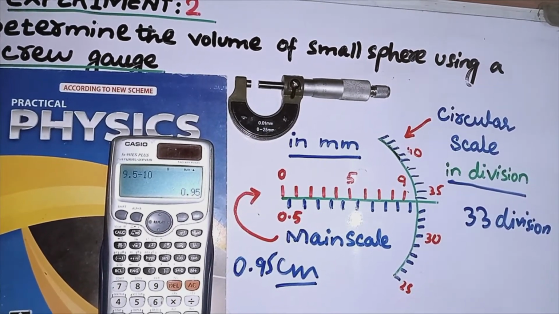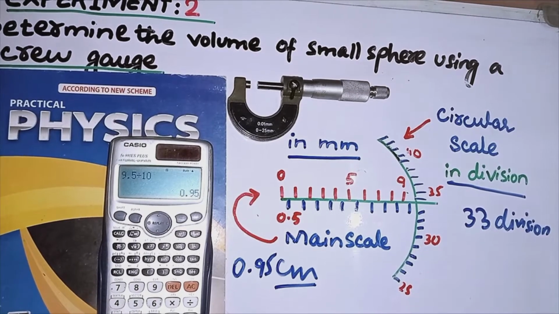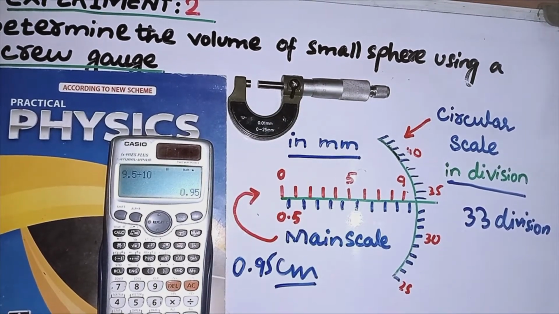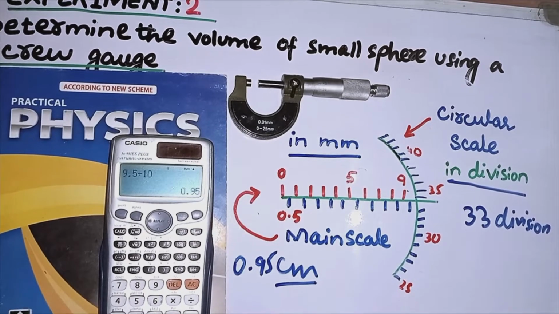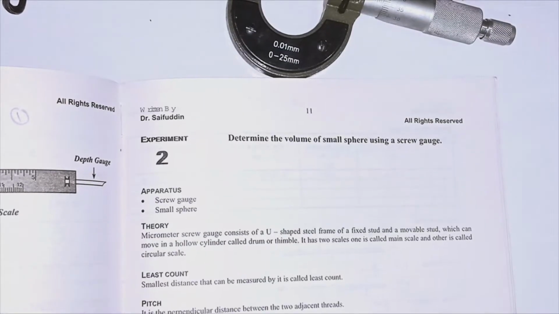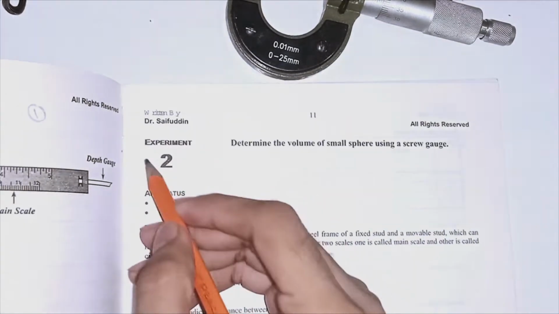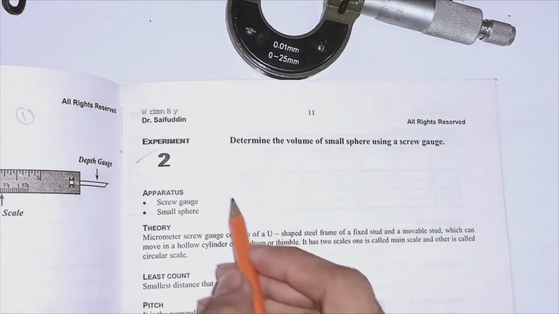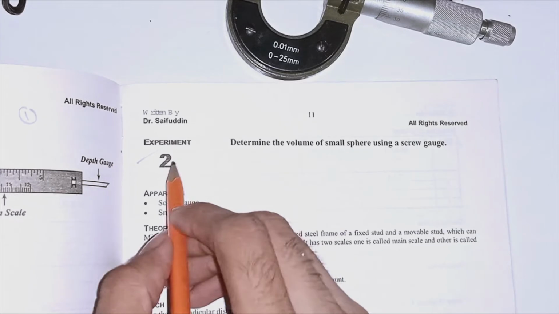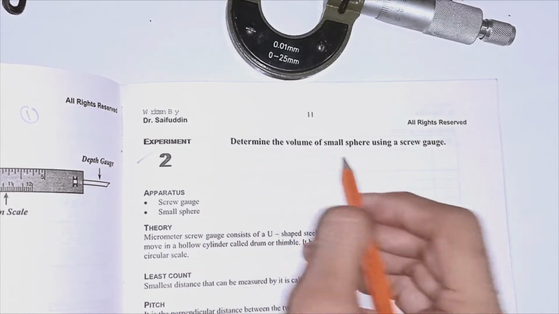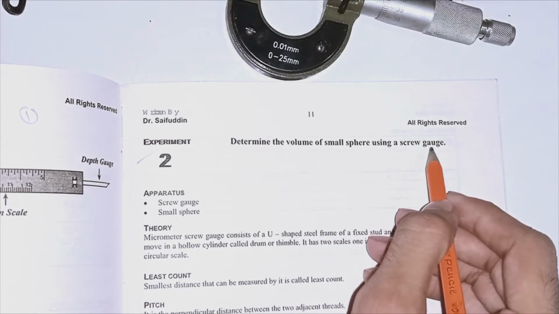So let's start with the apparatus reading. Here we are going to take our reading. Before taking our experimental reading, we need to understand what we have to write in our practical journal. So look here, we have to note experiment number 2, that is, determine the volume of a small sphere using a screw gauge.